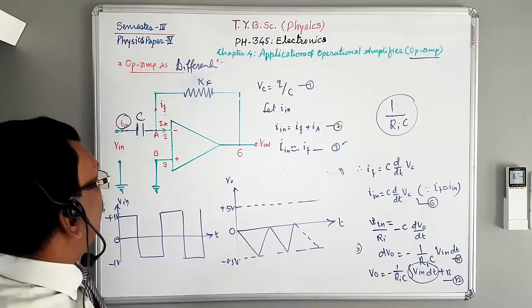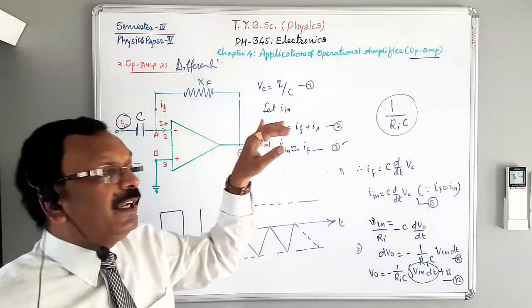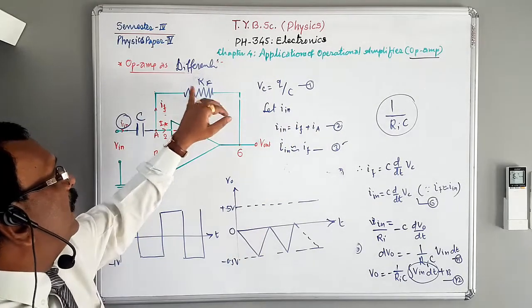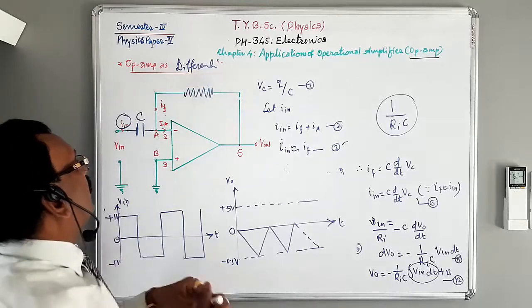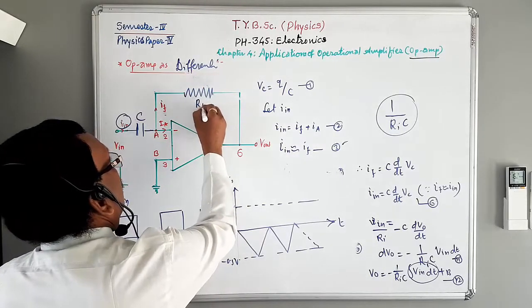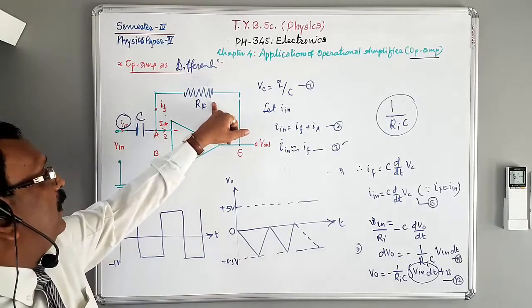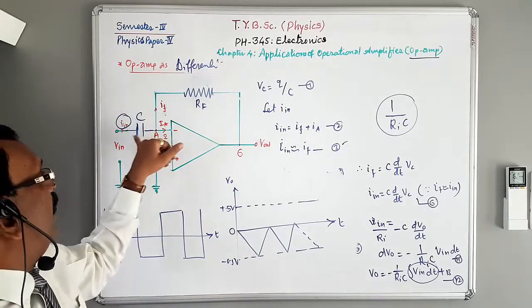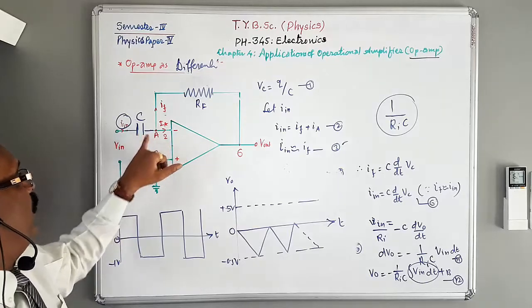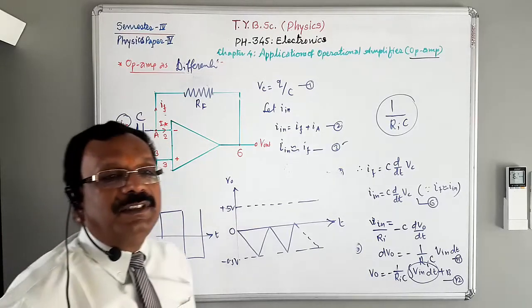When we are going to study op amp as a differentiator, we make a change in the position of resistor and capacitor. In place of feedback capacitor, we place the resistor, and in place of input resistance, we place capacitor.